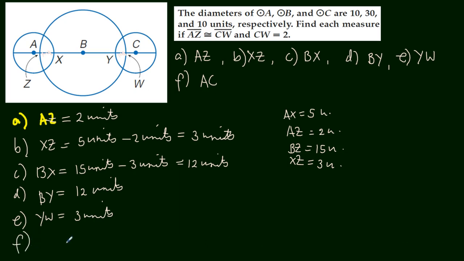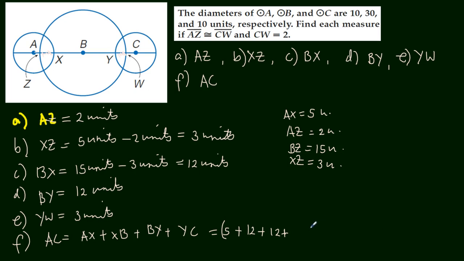And then we have F, AC. AC is from A to X, plus X to B, plus B to Y, plus Y to C. A to X is 5 units. 5 plus XB, or BX, is 12 units, plus BY is also 12 units, plus YC.